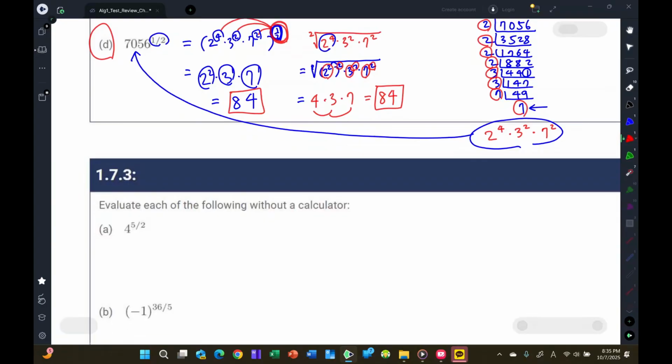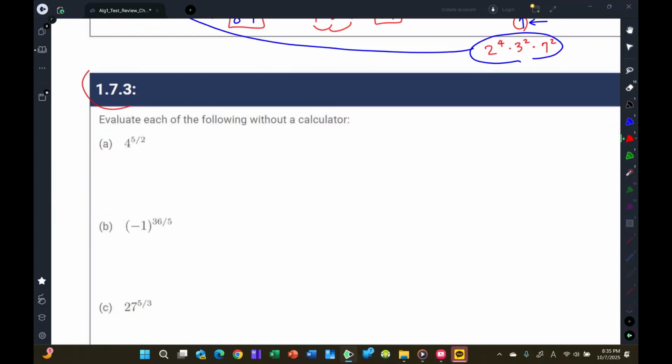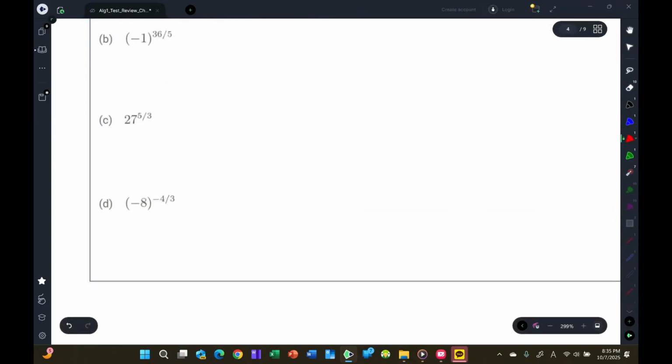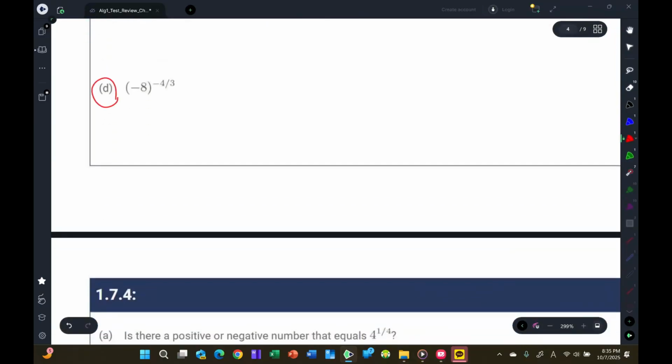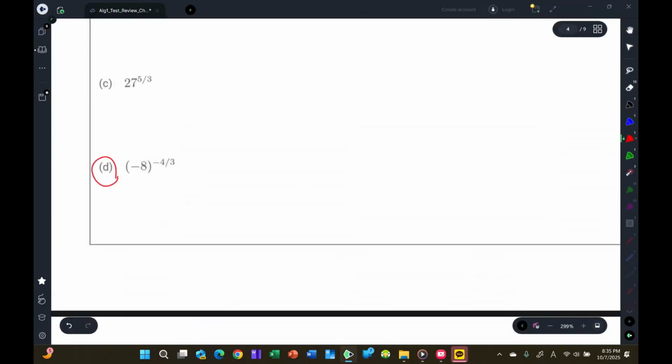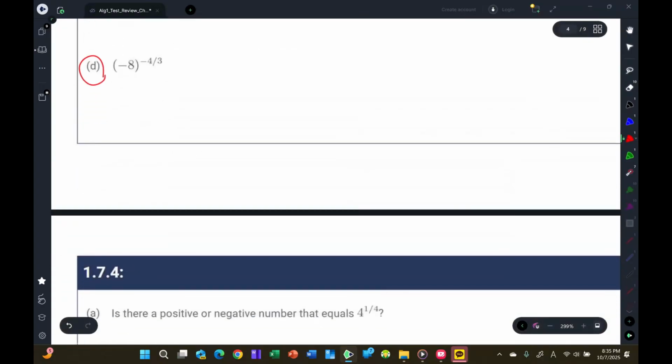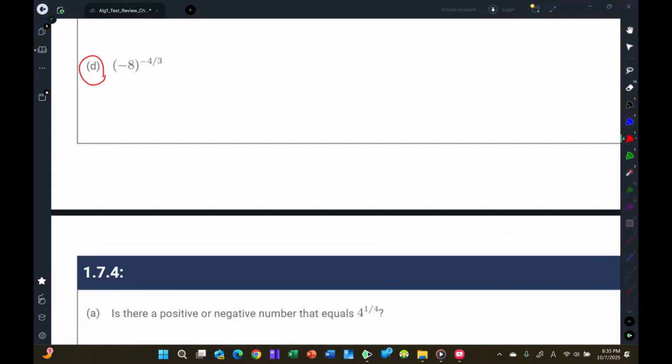Now, if I move on, I'm going to go over 1.7.3 D. Okay? Again, it's 1.7.3 D. Wow, this is amazing. I have a fractional exponent and a negative exponent at the same time.